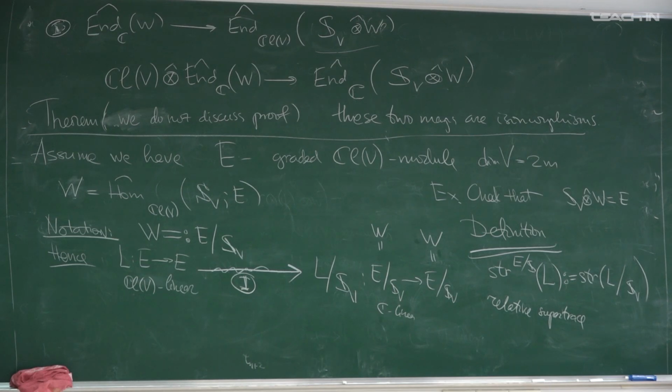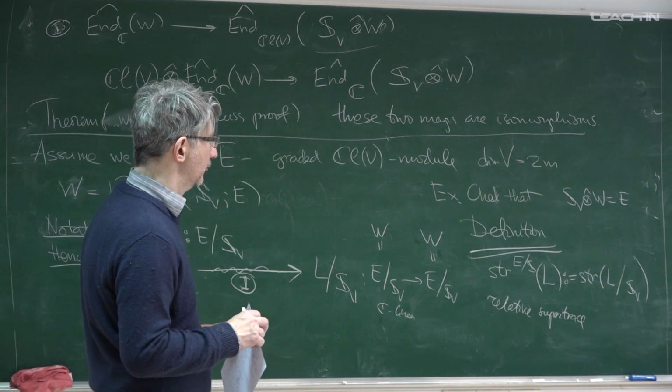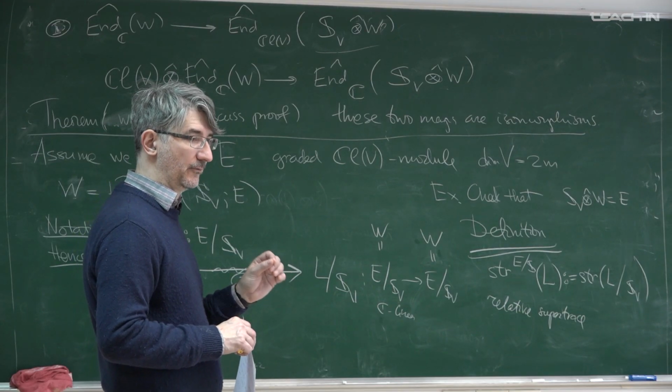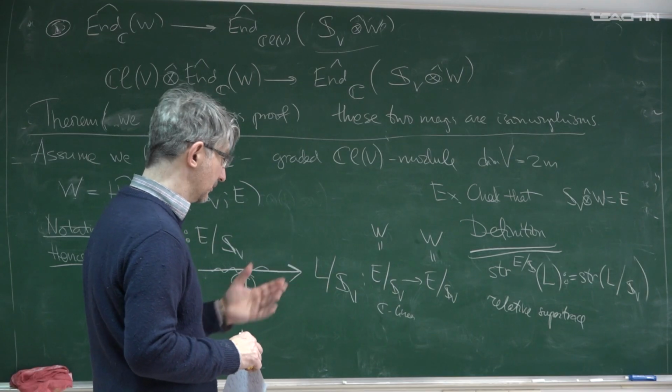Okay, it's time to prepare for the construction of the Dirac operator. You know that the Hodge-de Rham operator, D plus D star, is just a very simple version of a Dirac type operator.